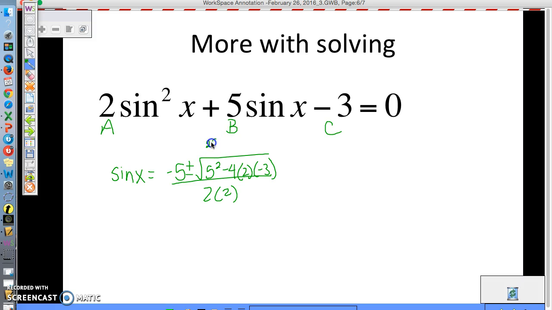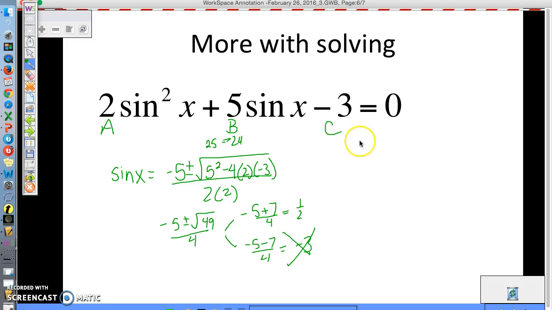So let's see, this is 25 minus 8, negative 24. So negative 5 plus or minus the square root of 49, over 4. So we have negative 5 plus 7 over 4, negative 5 minus 7 over 4. Well, this is 1/2. Negative 12 divided by 4 is negative 3, so we don't use that one.